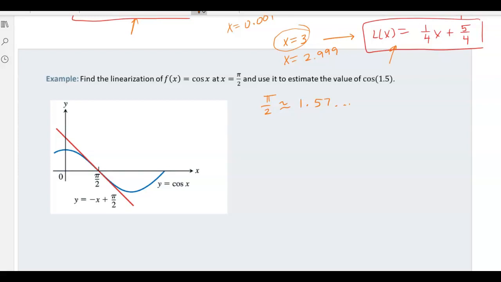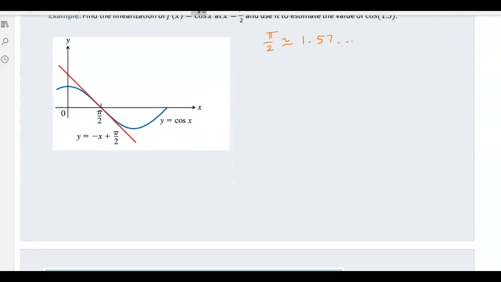So we're going to use what we know about the cosine of pi over 2 to estimate what the cosine of 1.5 is, given that these two values are pretty close together.